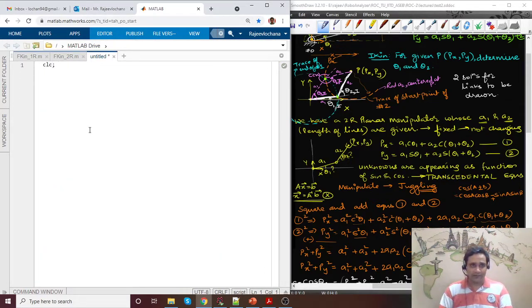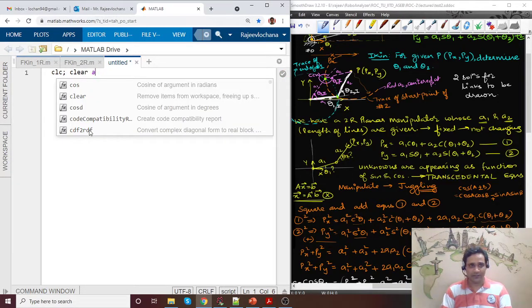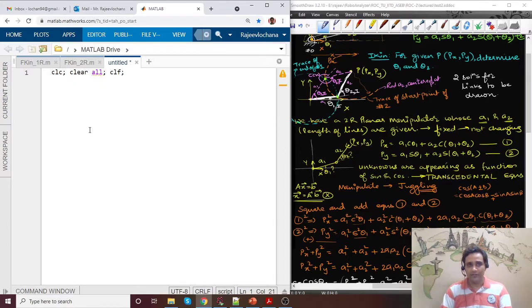A good practice is to have clc, clear all, and clf in all the MATLAB files that you create. Now the formulation is already done, so we have to write the MATLAB. We will not write individual line by line equations.